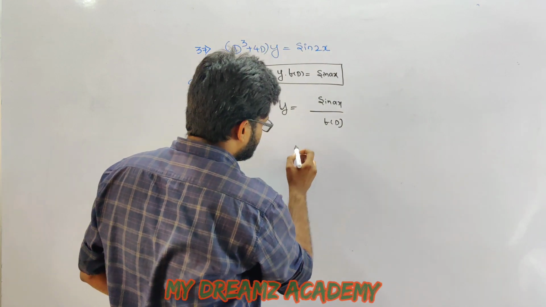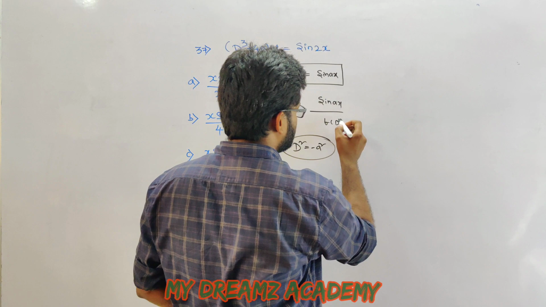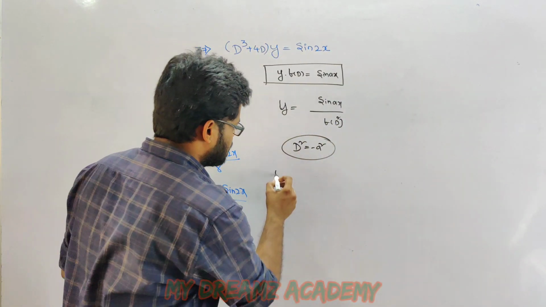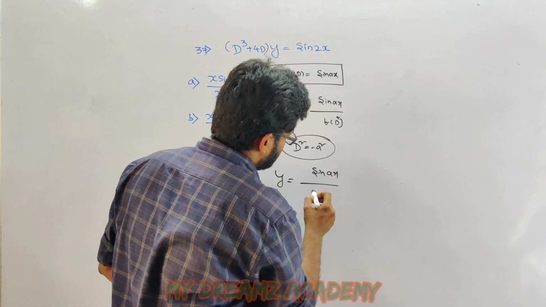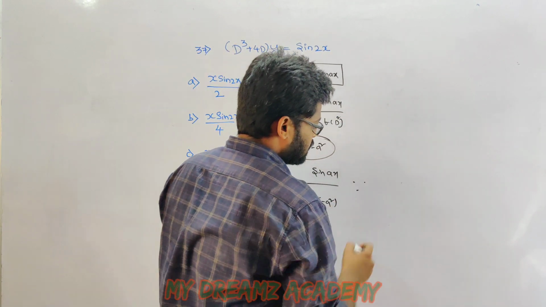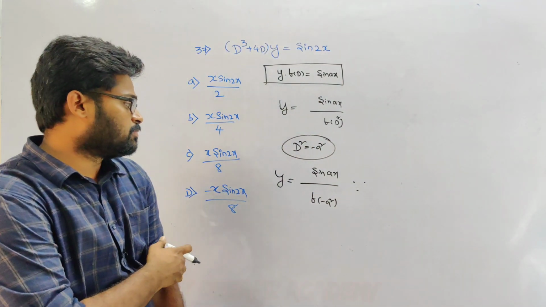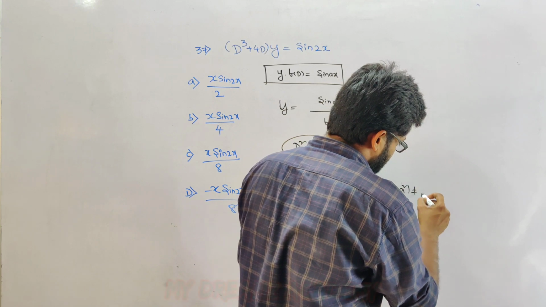Okay, we need to substitute d square is equals to minus a square in the given function, that is y is equals to sin ax divided by f of minus a square, provided that here the condition is f of minus a square should not be equals to 0.